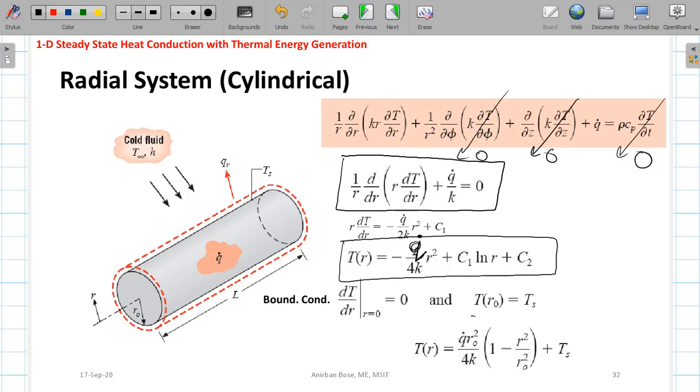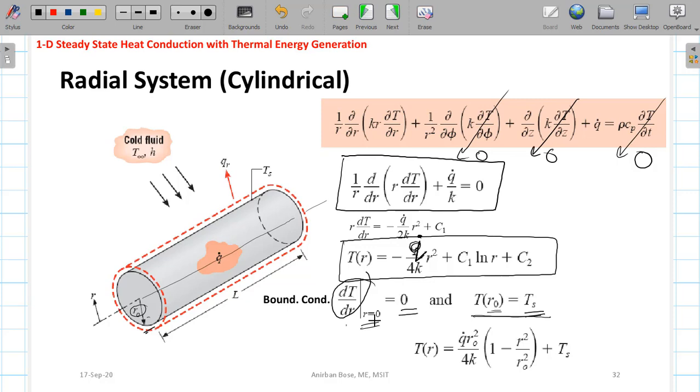Definitely one boundary condition is the outer surface boundary condition, that at r is equal to r0, that is the outer surface, the temperature is Ts. And along the axial direction there will be a symmetry, so definitely dT/dr, the temperature gradient, at r is equal to 0 is equal to 0.